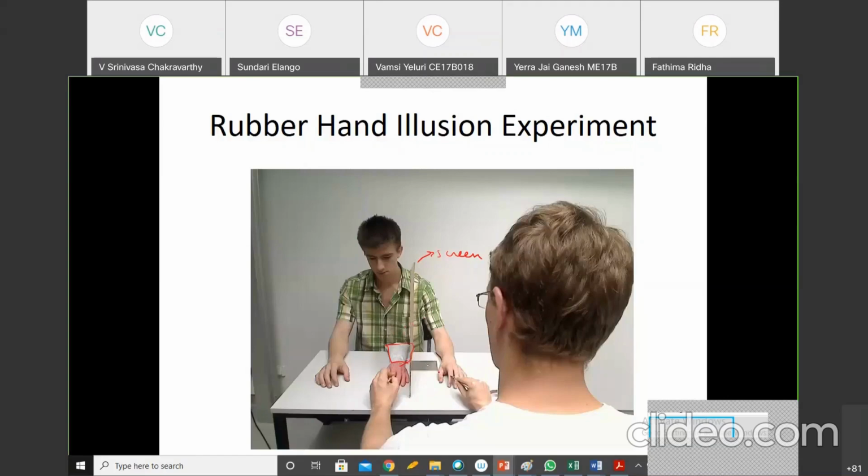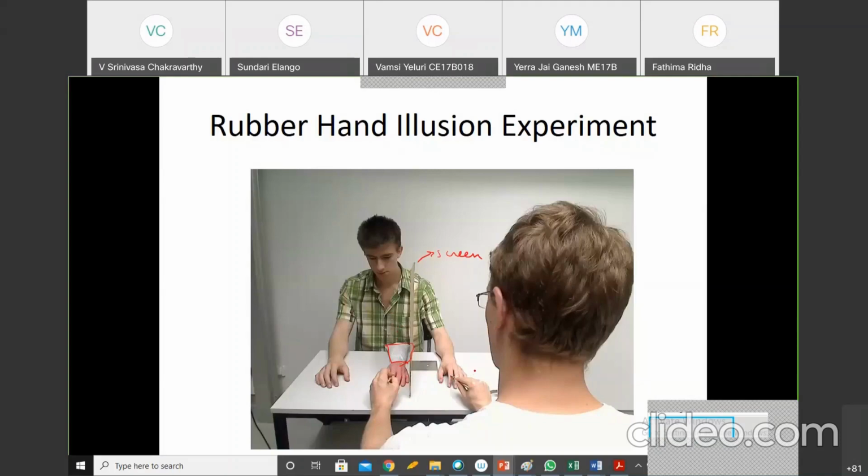Why is that? Because his original hand is receiving the touch information from the experimenter, and the rubber hand is receiving visual information from the experimenter, which the subject is processing. Now, both the stimuli, the visual and the tactile stimuli, are very different, but they are in sync. Now, the brain believes that whenever two things are in sync, they are coming from the same source.